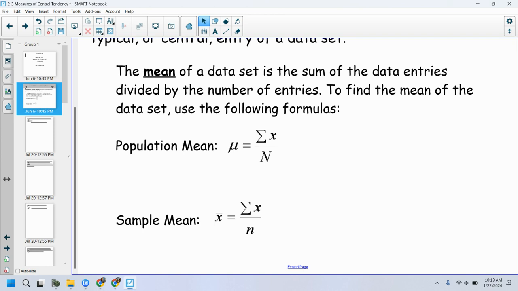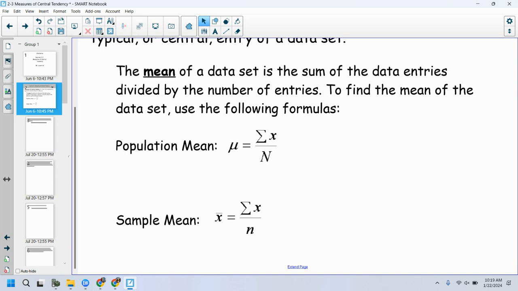So X bar is equal to the sum of your X's divided by lowercase n. That lowercase n is just the amount of people in your sample. So population is mu, sample is X bar.